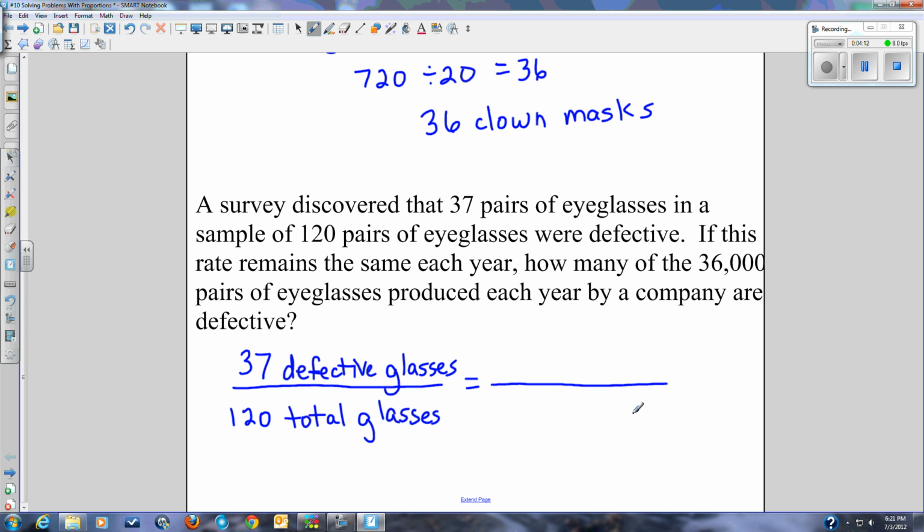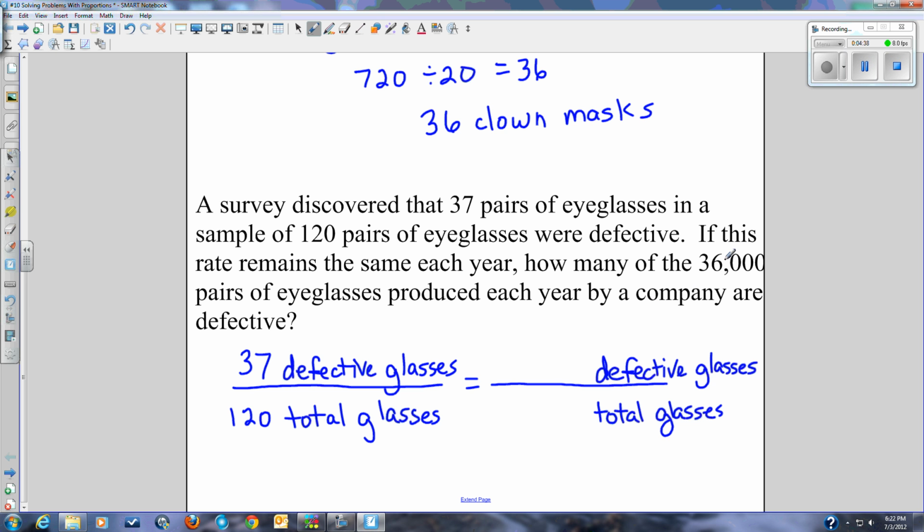In our new fraction on the right, we're going to put the same units right across from each other. So we're going to say defective glasses in the numerator and total glasses in the denominator, keeping the same units right across from each other.